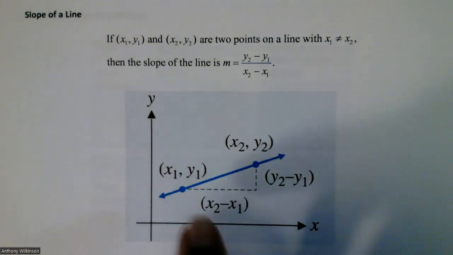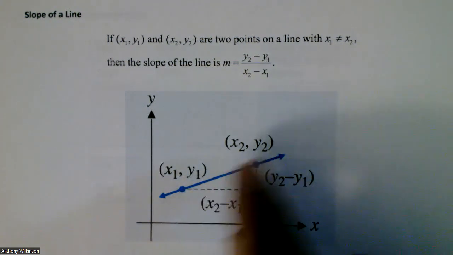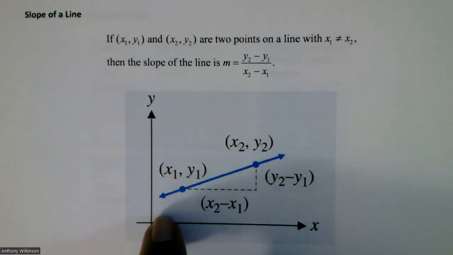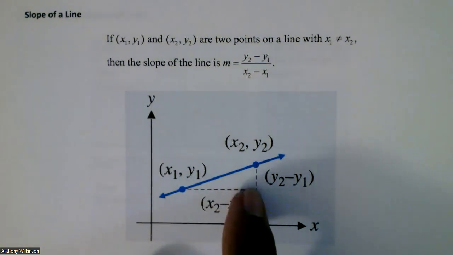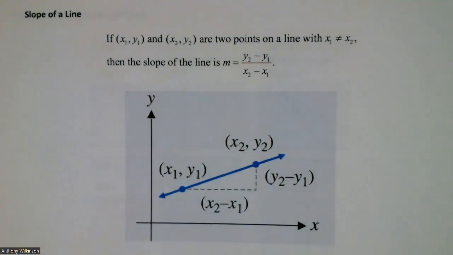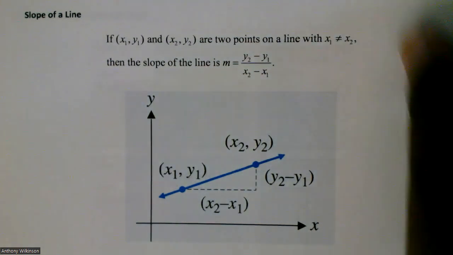Keep in mind, slope tells you how steep a line is. So here we take the difference of the y coordinates divided by the corresponding difference of their x coordinates.